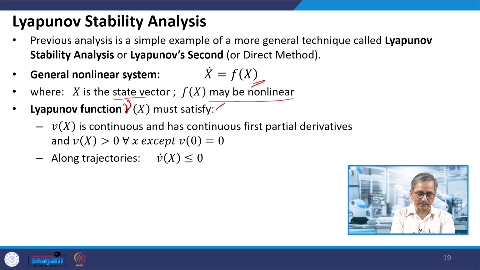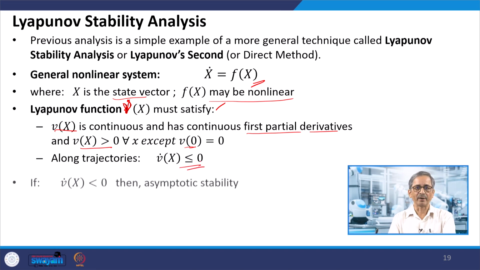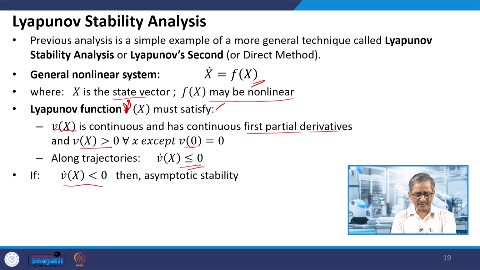The Lyapunov function must satisfy this condition, that it is continuous and has continuous first partial derivative, and this value is greater than 0 for all values of x except for V at 0, which is equal to 0, and along trajectories this value is less than 0. So, if this is less than 0, then definitely you have the asymptotic stability.